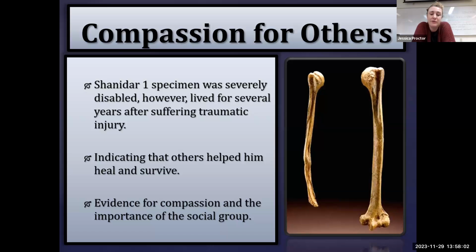So it's very possible that the only reason Shanidar-1 was able to survive is because his social group helped him do so. So Shanidar-1 is oftentimes used as evidence that the Neanderthals were compassionate for one another, that they placed value in every single member of the group, and that they helped each other survive.